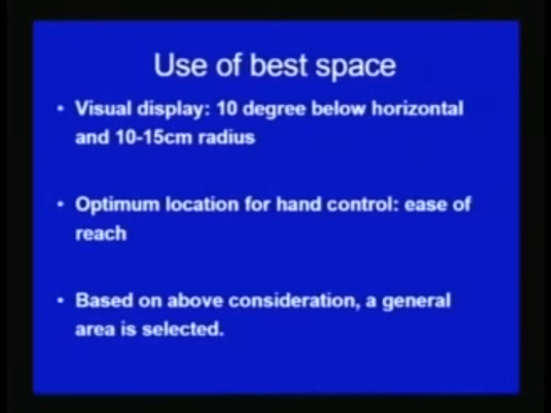Now, how to use the best possible area which has been selected for locating the different control devices which are available, in an optimum manner? Certain principles are used, based on which the control devices are located in the best possible area.